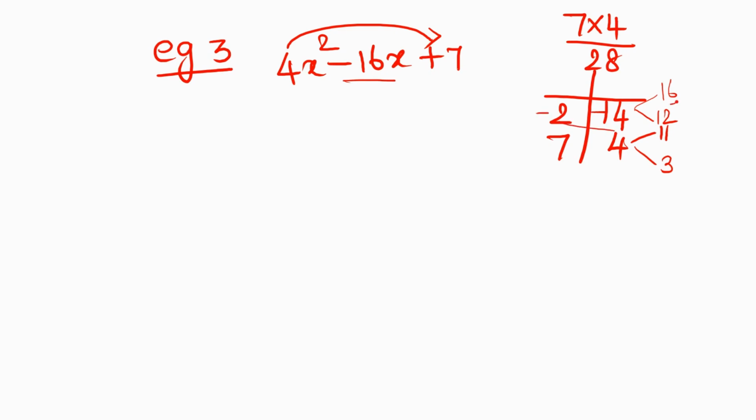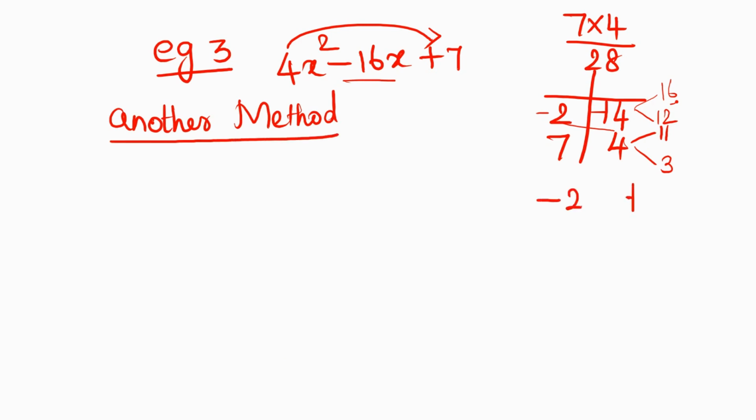Now we can directly find the factors without substituting in the middle term. Check out this method. I have minus 2 and minus 14. Since the coefficient of x square is 4, divide these two values by 4.